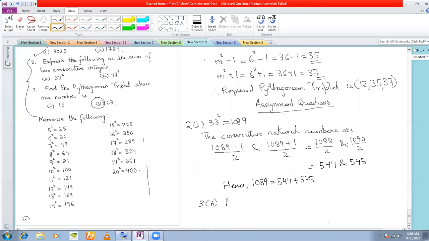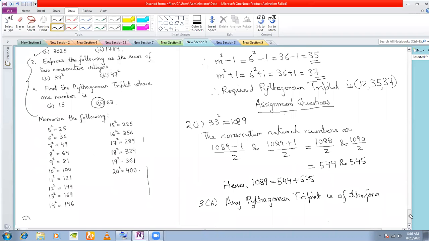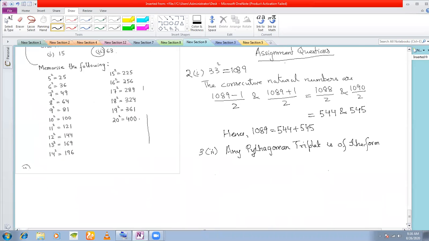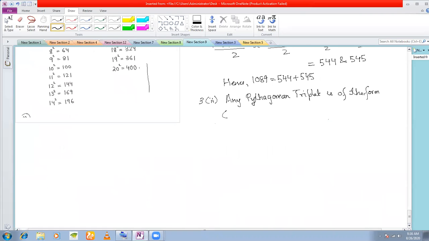So any Pythagorean triplet is of the form 2m, m square minus 1 and m square plus 1.